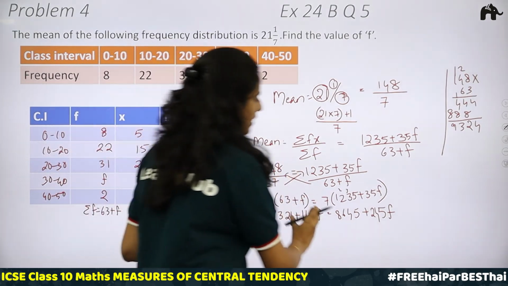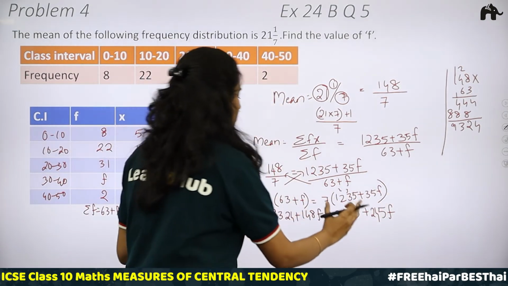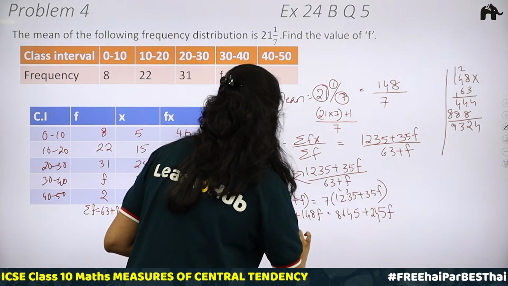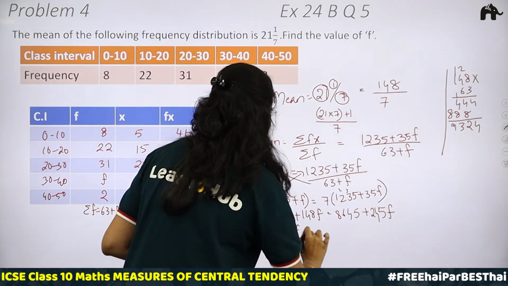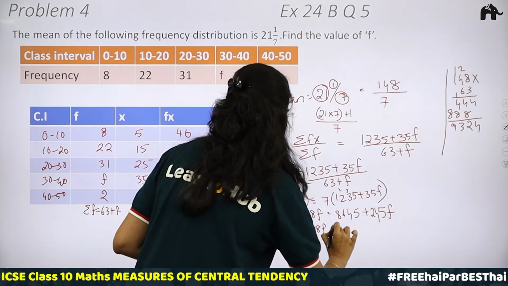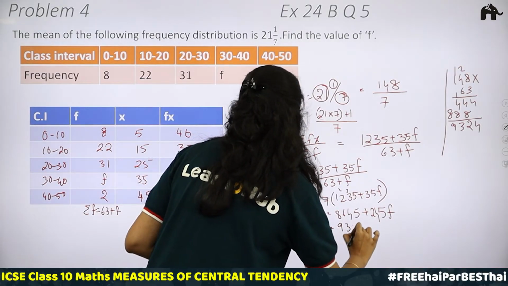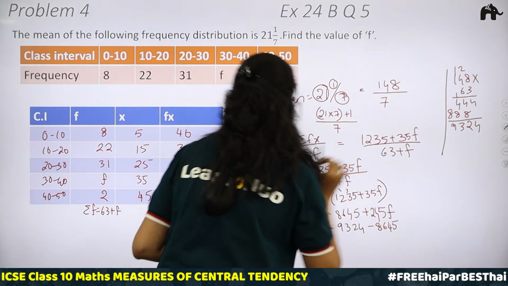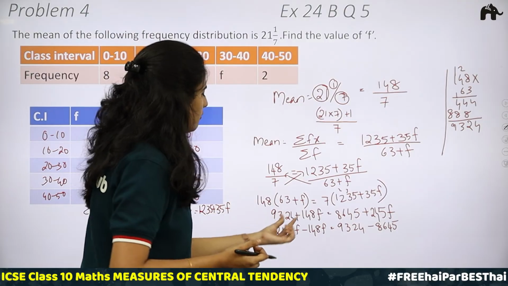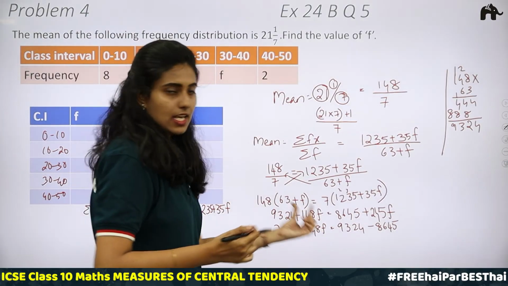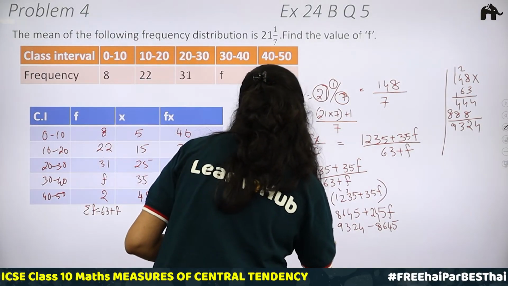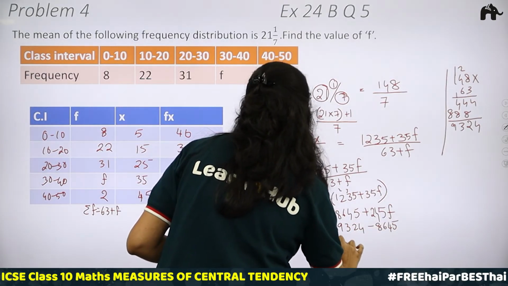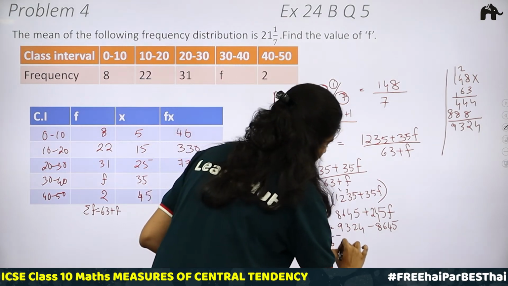We need the F value. So take all the F containing terms to one side and the numerals on the other side. So 245F minus 148F is equal to 9324 minus 8645. 245F minus 148F, you will be getting 97F is equal to, on subtracting this, you will be getting 679.